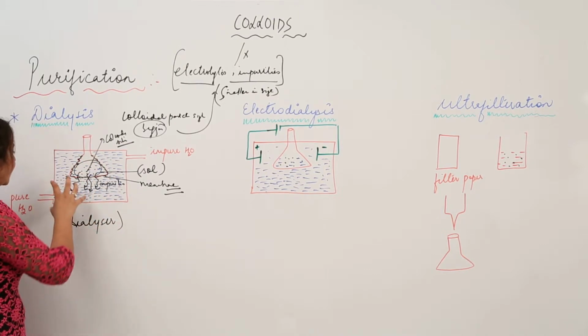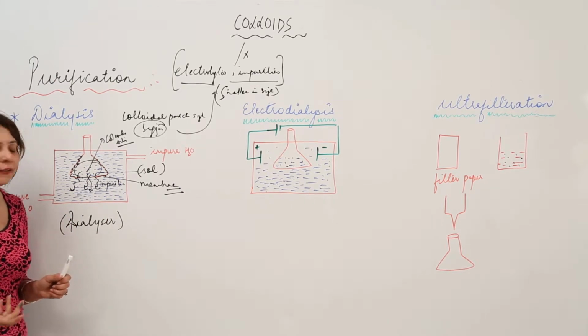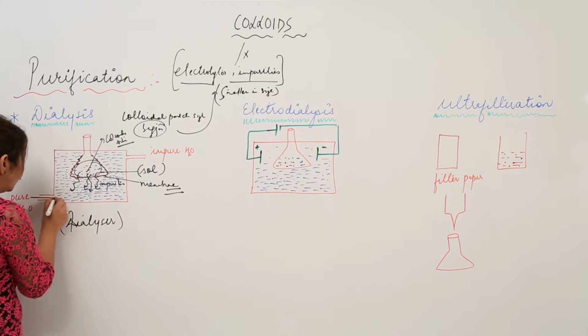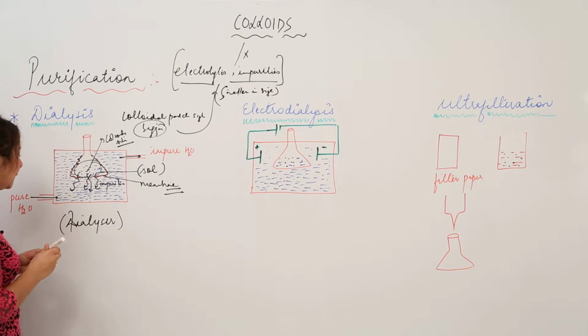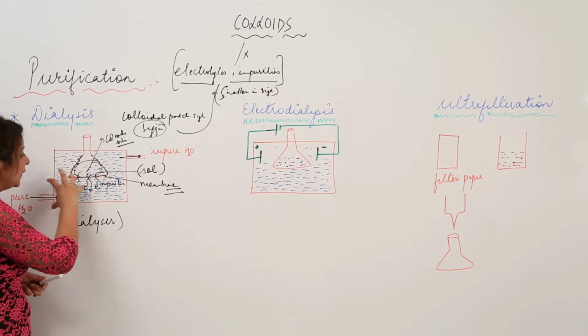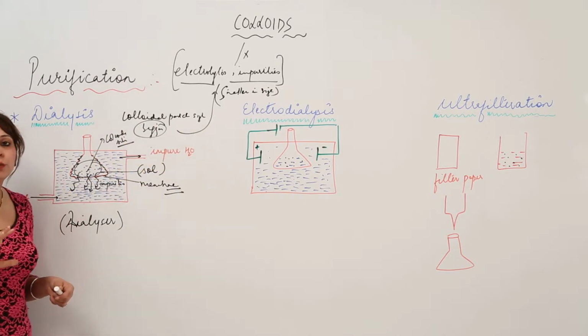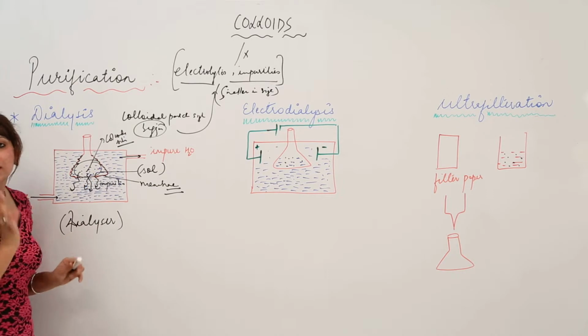Now, as you can see, water is present here. You must be thinking, what is the function of water here? Actually, we are continuously pouring pure water from here and impure water is continuously taken out from here. When pure water flows with the stream, it carries the impurities along and is simultaneously removed, and more water enters, takes the impurities along, and again moves out.